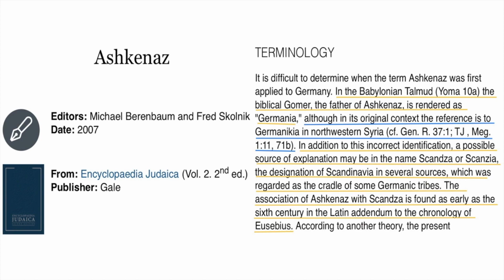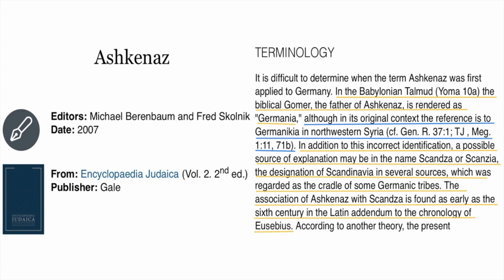So this is from Encyclopedia Judaica, dealing with Ashkenaz, and it reads: in the Babylonian Talmud, Yoma 10a, the biblical Gomer, the father of Ashkenaz, is rendered as Germania, although in its original context the reference is to Germanica in northwest Syria.